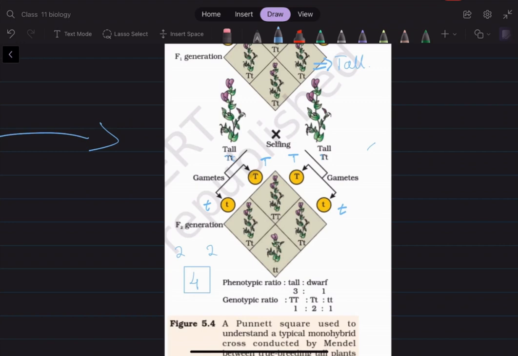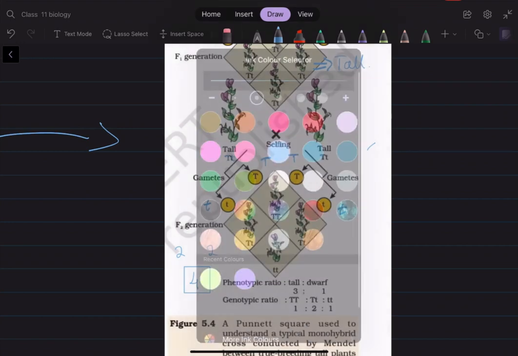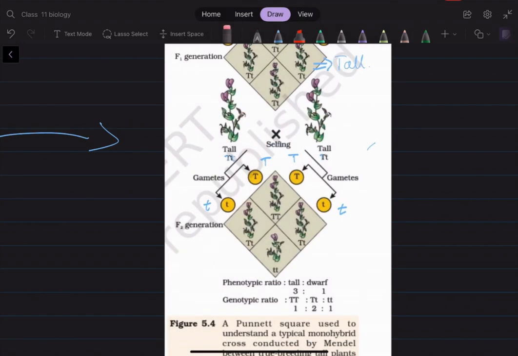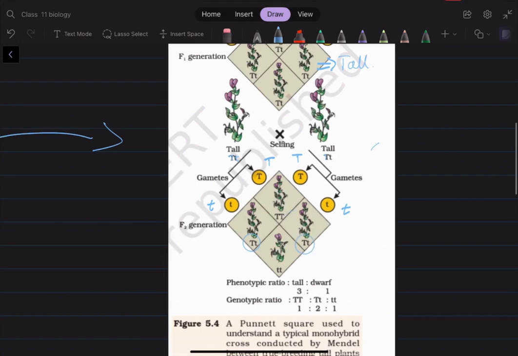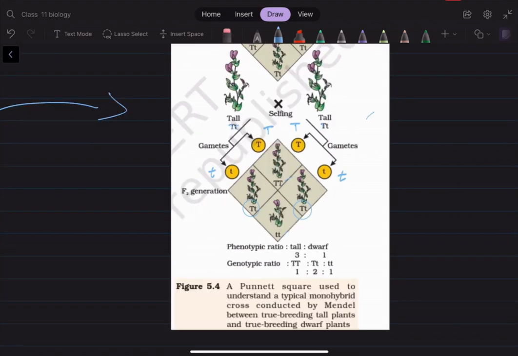Out of these four possible combinations, two of them are the same and the other two are different. So in this case, you will find all types of genotypes here: heterozygous dominant, homozygous dominant, and homozygous recessive.